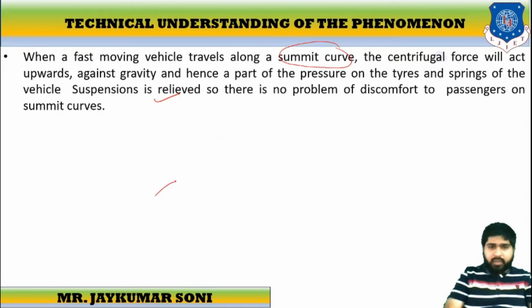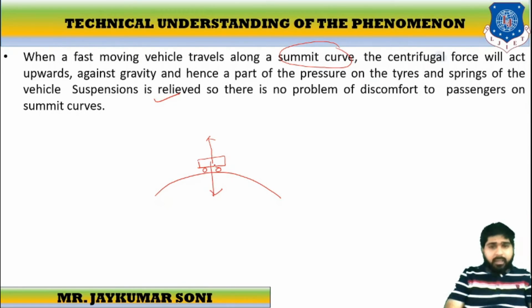Let us assume that this is the summit curve, and this is where your vehicle is traveling. What will happen while the vehicle travels on the summit curve? Centrifugal force will act upwards and the force of gravity will act downward.